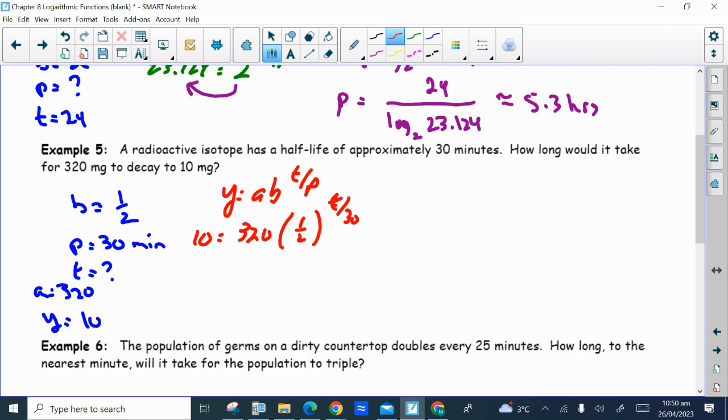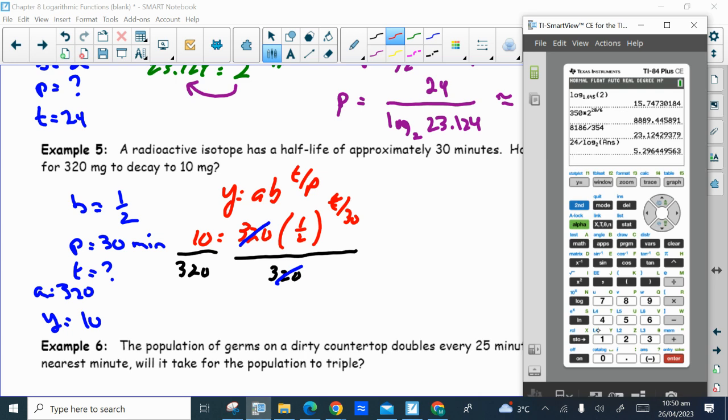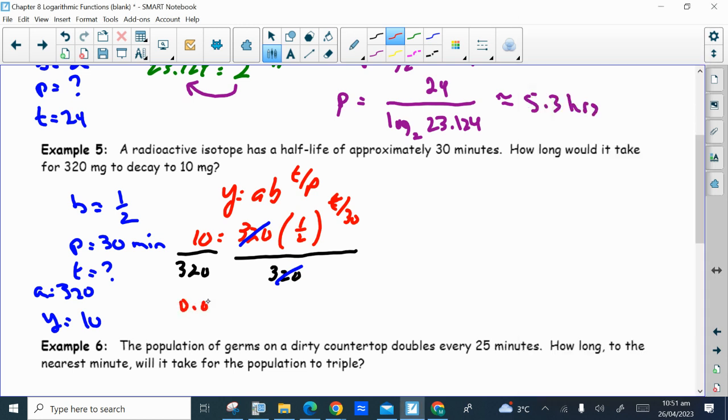So we need to solve for T. We would start by dividing both sides by the 320. So on the right side, the 320s will cancel. On the left, I have 10 divided by 320. So it's that decimal, 0.03125. That will equal 1/2 to the power t over 30.